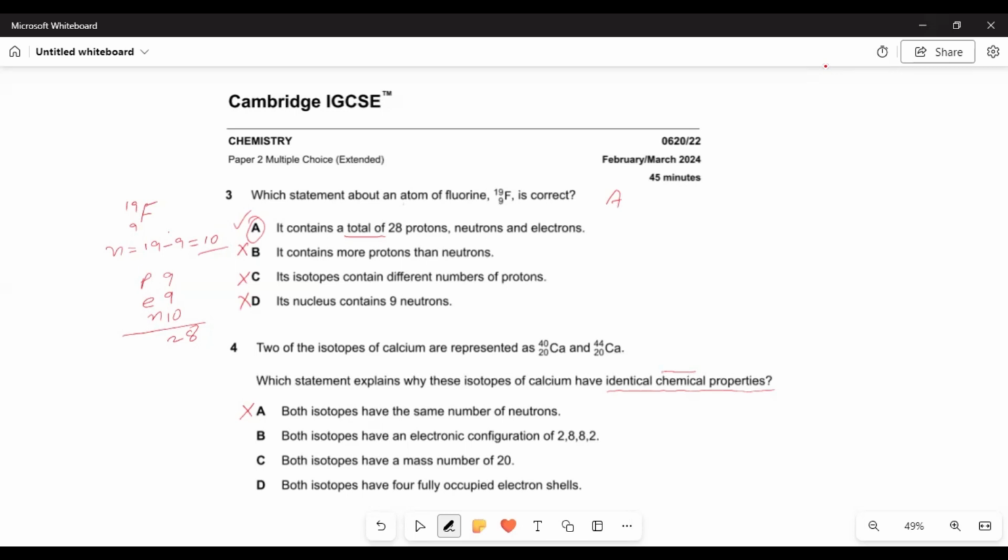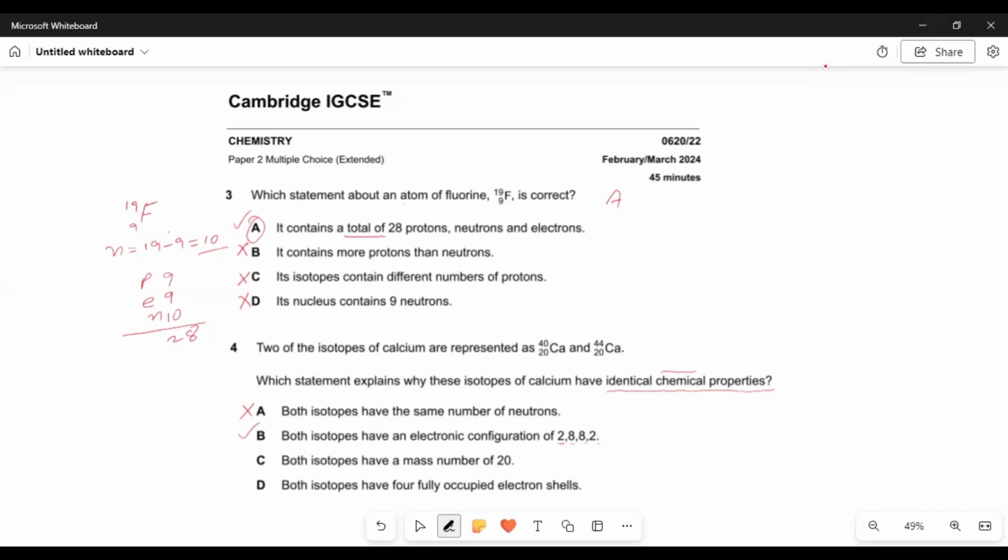Both isotopes have an electronic configuration of 2, 8, 8, 2. 2 plus 8, 10, 10 and 8, 18 plus 2, 20. Yes, it is correct. Both isotopes have identical electronic configurations. They have the same number of electrons, so they have the same chemical properties. But we will see other options as well.